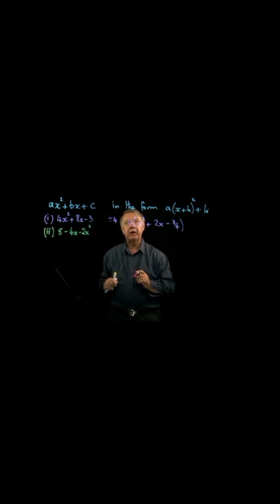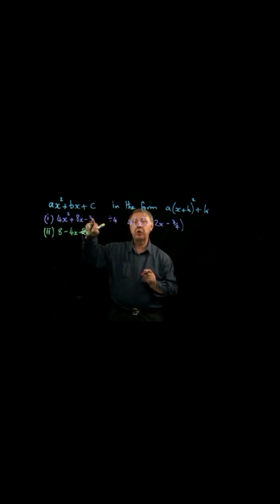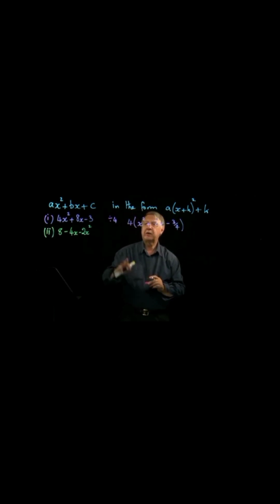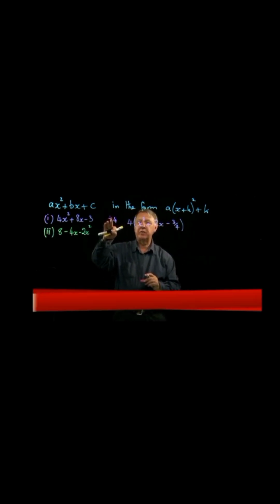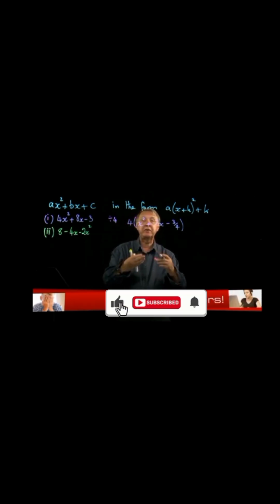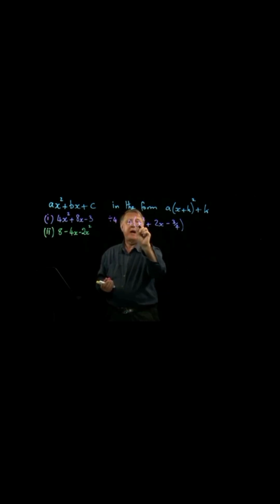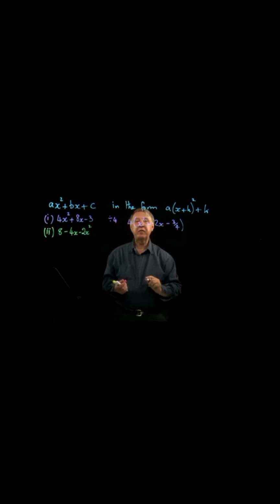I've taken 4 out, even though 4 is not a factor of 3, and so it turns this into a fraction. So I'm going to still say divide by 4, even though it produces the 4 there, because this is what you actually do.